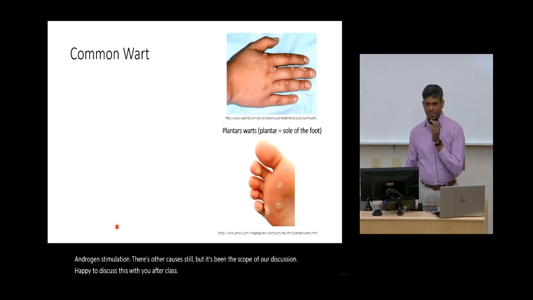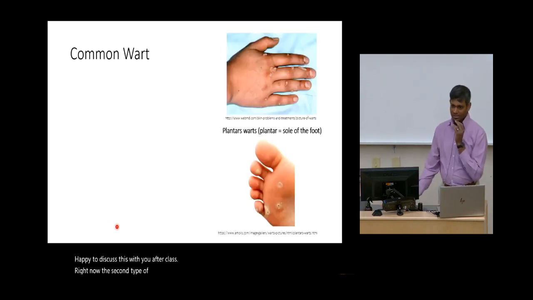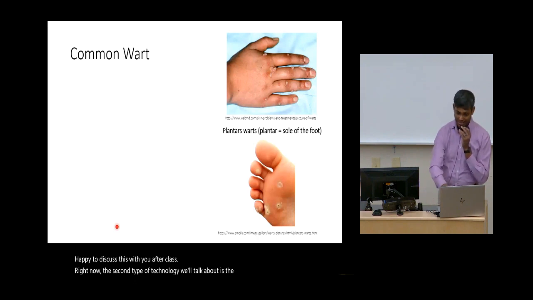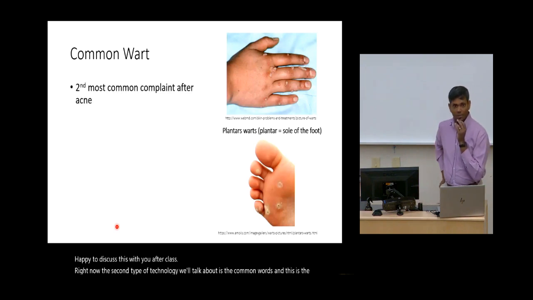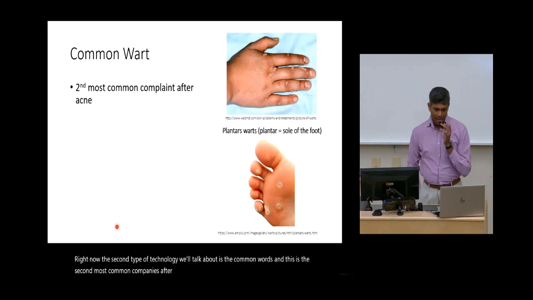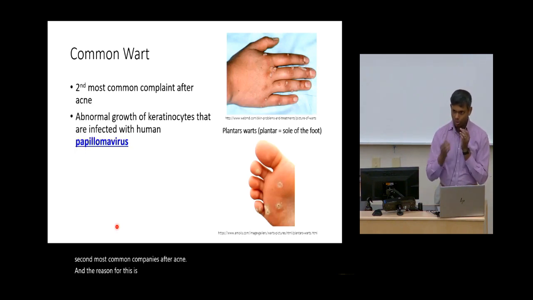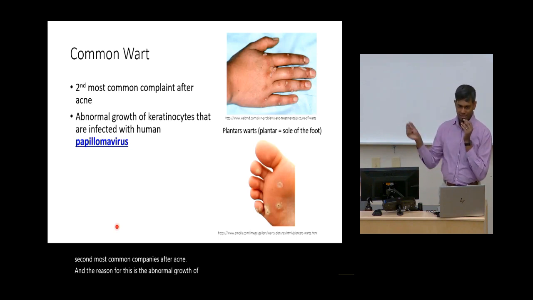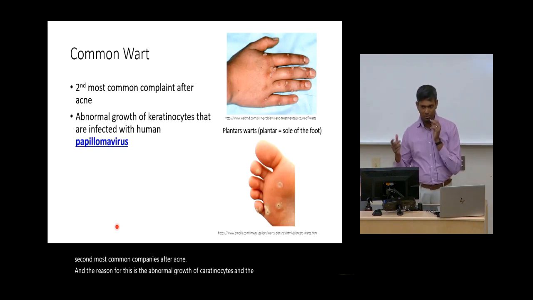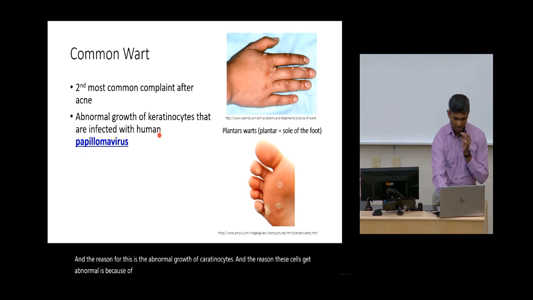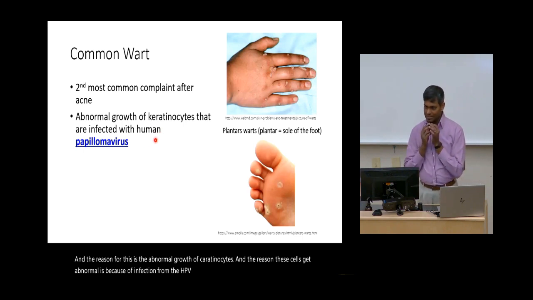Now the second type of pathology we'll talk about is the common warts, right? And this is the second most common complaint after acne. And the reason for this is the abnormal growth of keratinocytes. And the reason these cells get abnormal is because of infection from the HPV, or the human papilloma virus.